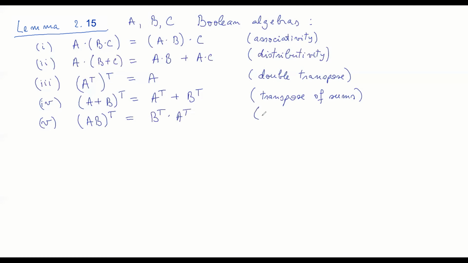So this property has to do with transpose. I want to just prove for you properties 1 and 4, and the other ones will be left for you to prove during one of the next demo sessions. So I'm going to prove 1 and 4.